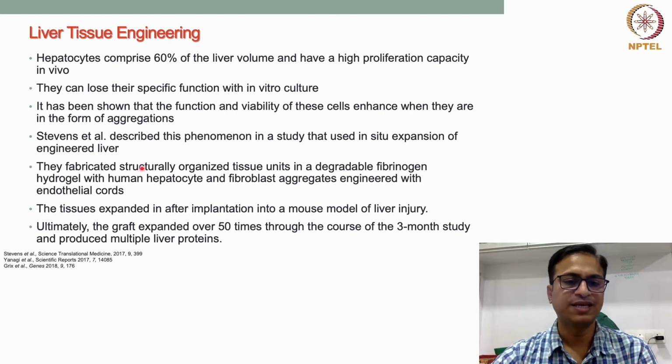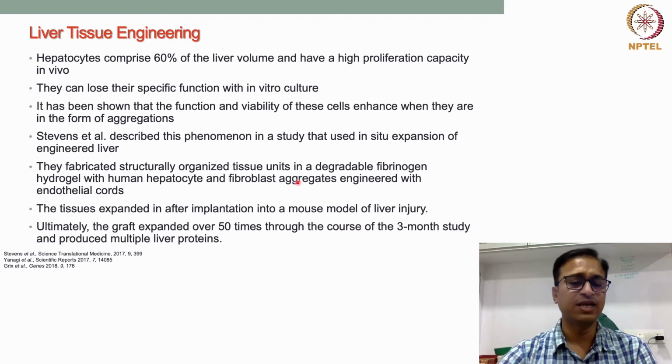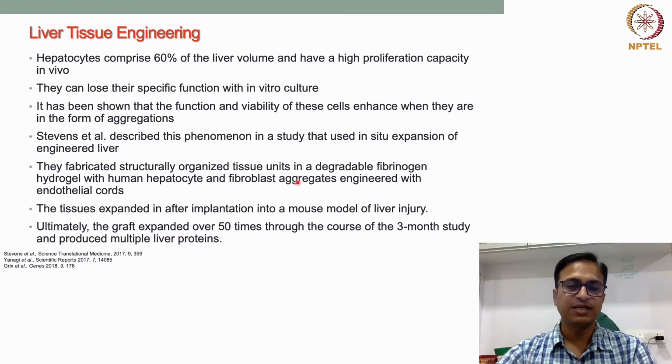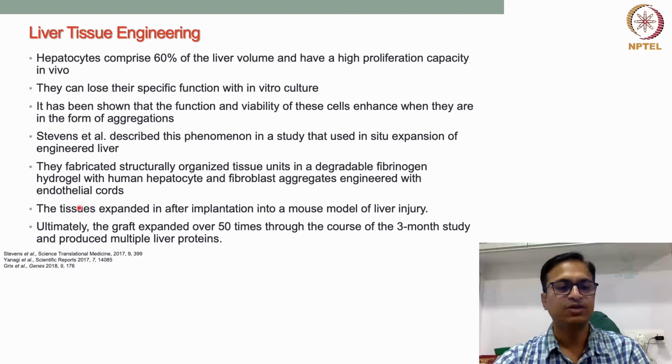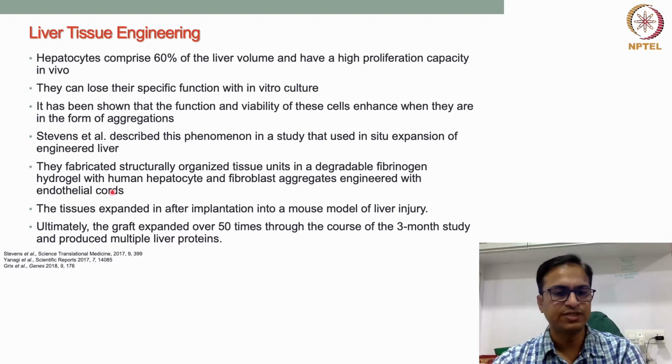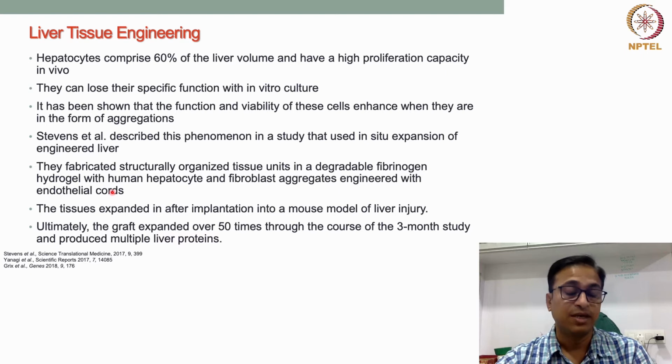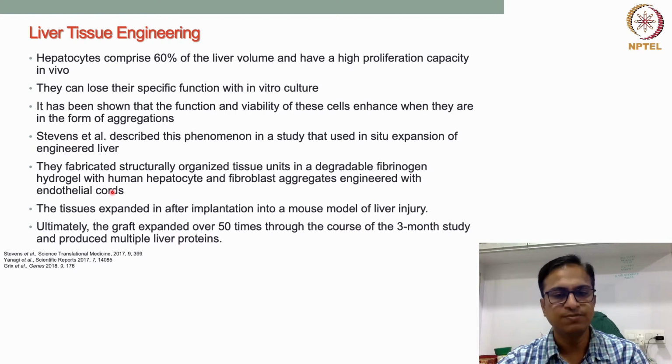These two cell types form aggregates. Those aggregates were again engineered with endothelial cords. They used endothelial cells to make cords, and to these cords the hepatocyte and fibroblast aggregates are connected. Then they expanded it for some time, and implanted it in a mouse model of liver injury.